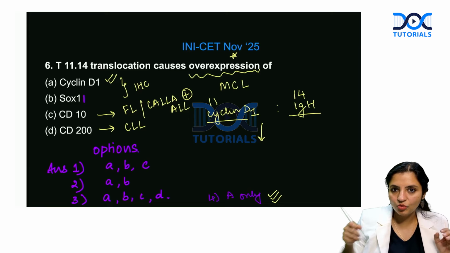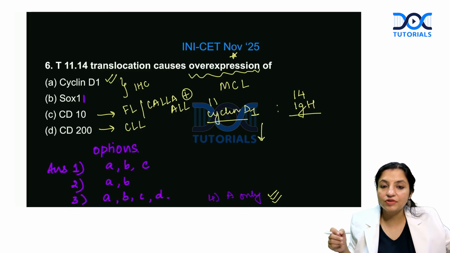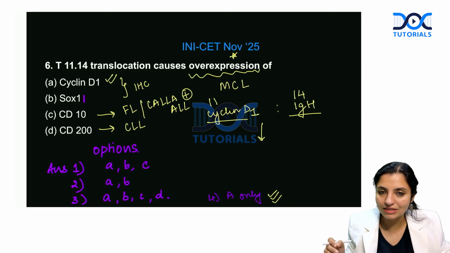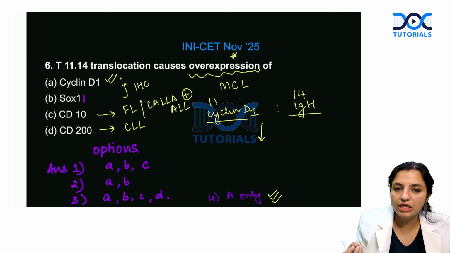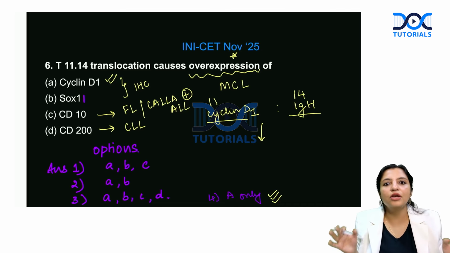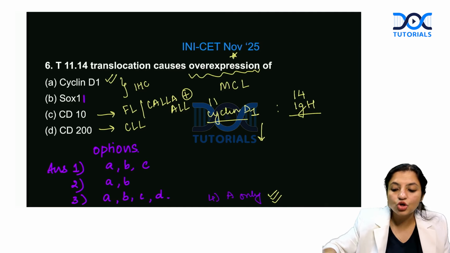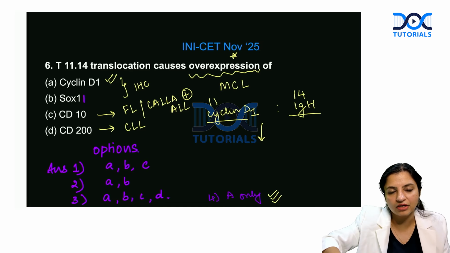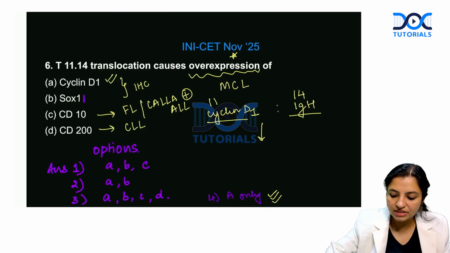Just one more point before we go to the next question. SOX11 is positive in nearly 90% of cases of mantle cell lymphoma. So if somebody asks which marker is positive in 1114 negative mantle cell lymphoma, then also it will be SOX11. Why? Because SOX11 is a transcription factor which is activated in mantle cell lymphoma, and this translocation has nothing to do with it.